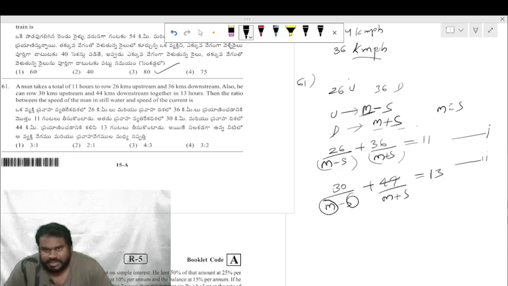You have to equate either these two or these two so that you can subtract. So it is 36 and it is 44. I'll take the LCM of 36 and 44. 4 9s are 36, 4 11s are 44.